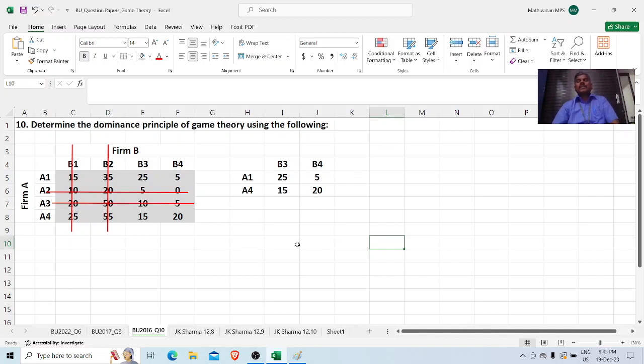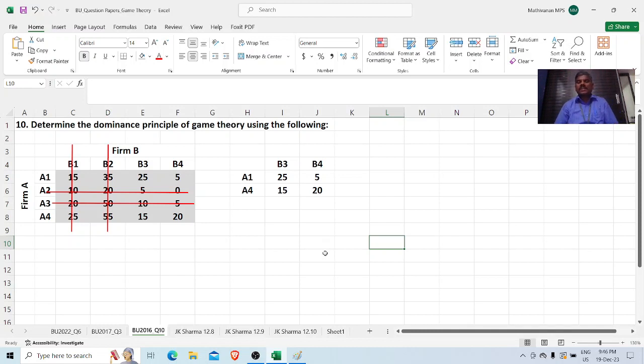Here we can go for the maximin and minimax principle, and we will find that there is no saddle point in this game. You can practice that. When there is no saddle point, the game is following a mixed strategy.